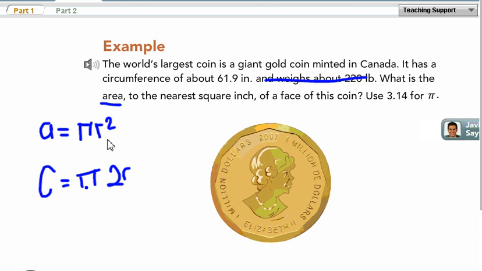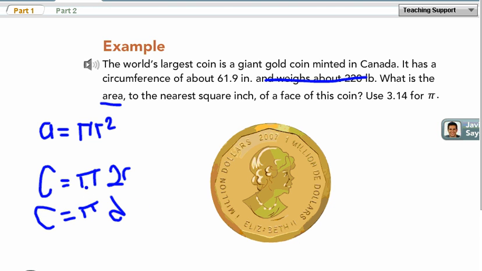Remember the difference: if we're talking area, we're always talking squared units, so it's pi r squared, and circumference is 2 times pi times the radius. Well, we happen to know what the diameter is, so we can rewrite this to say circumference is also pi times the diameter, right? Because the diameter is the same as saying 2r.